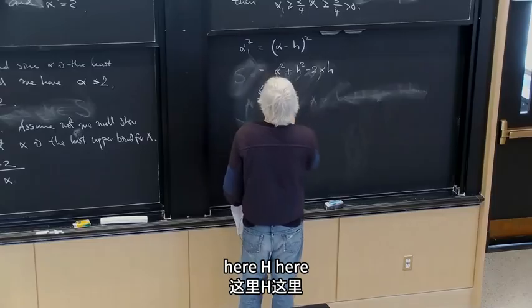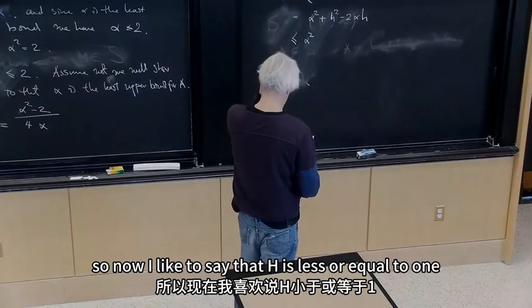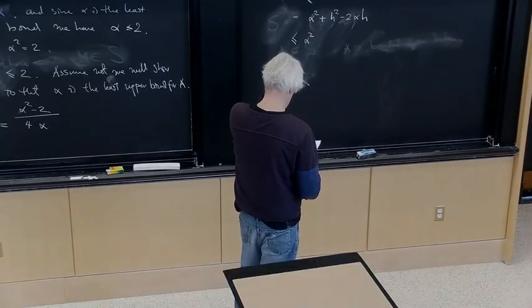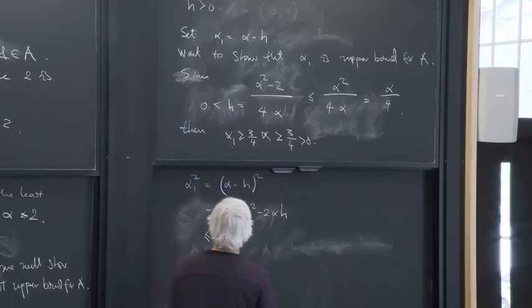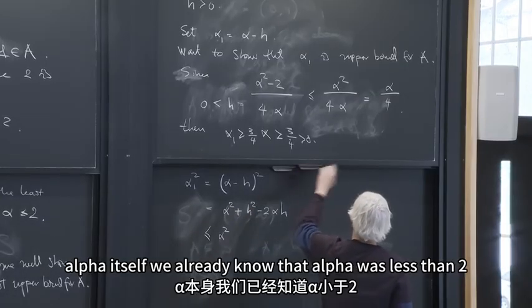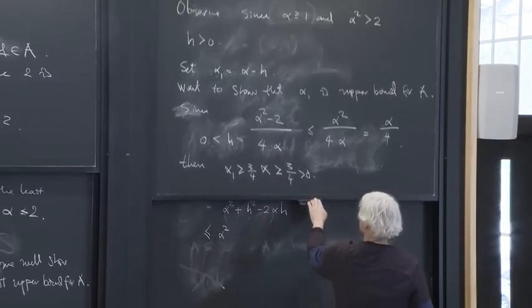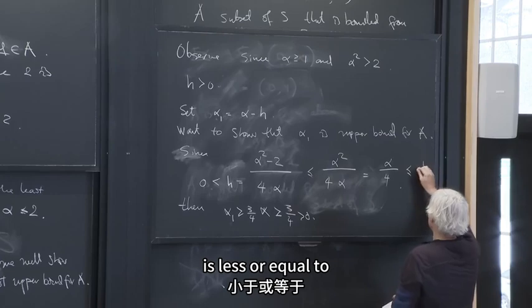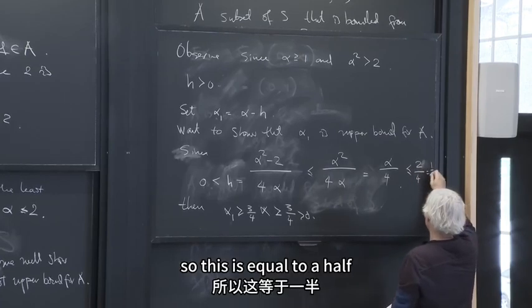Now I'd like to say that h is less or equal to 1. Actually, I'm going to use that it's less than a half. And why is that the case? We already know that alpha was less than 2, so this is less or equal to 2 over 4, which is equal to a half, right?